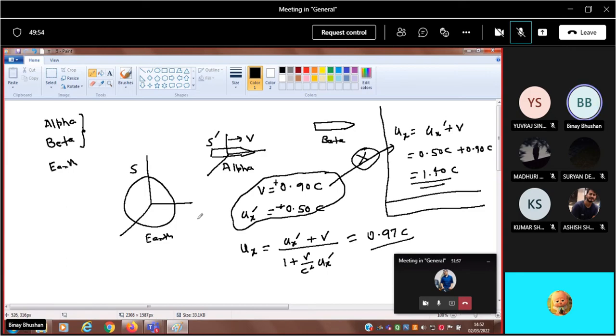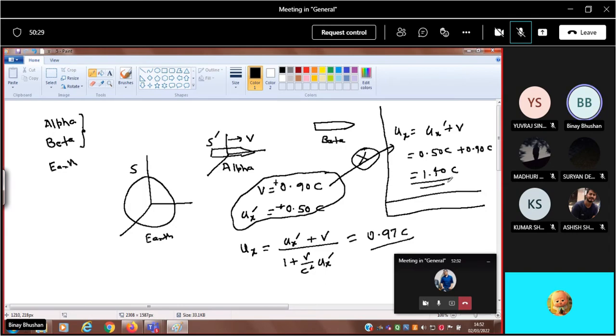I directly, first of all, derived this from the Lorentz transformation, 0.97c. What should I have done first? Yes, I should have started from the Galilean transformation. Right? That is how it should be. Earlier, we are habituated to common sense, and common sense is Newtonian mechanics. So if we apply Newtonian mechanics, then we get ux equal to 1.40c, which is not possible at all, because STR puts a limit on the speed of anything.